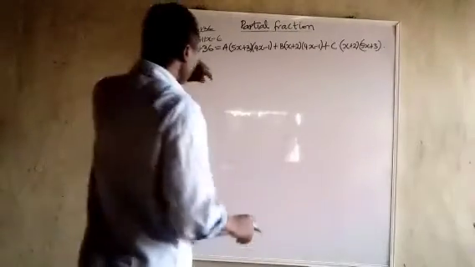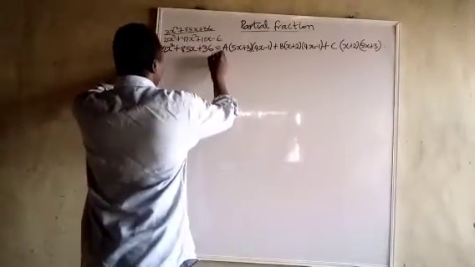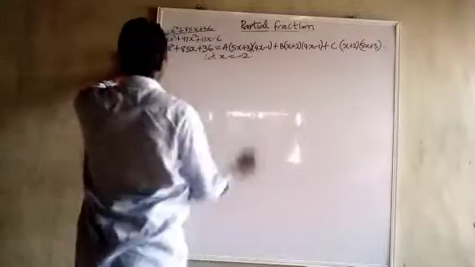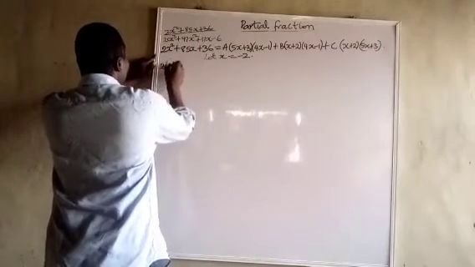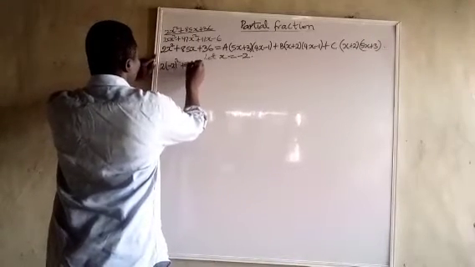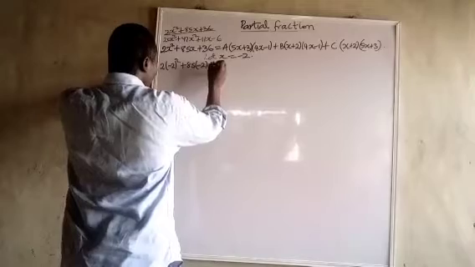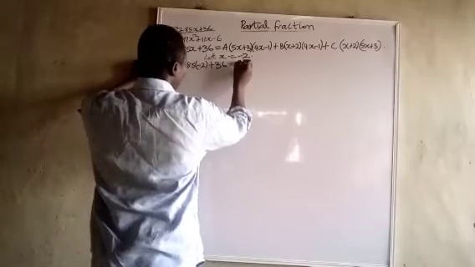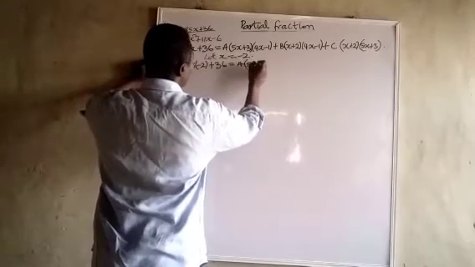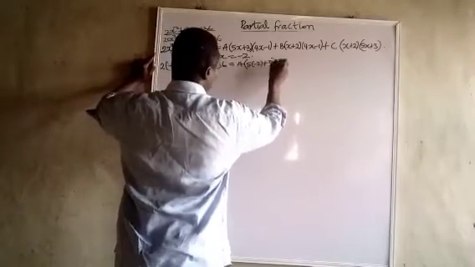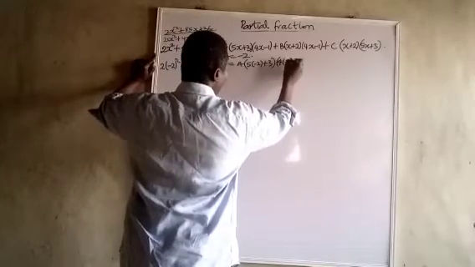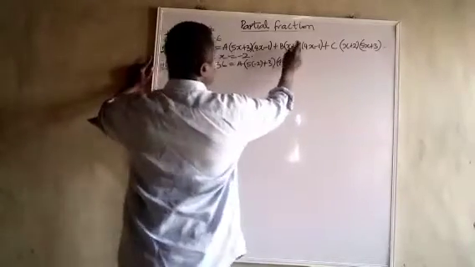now from here, let us make x to be equal to minus 2. So I'm going to have 20 into minus 2 squared plus 85 into minus 2 plus 36 is equal to a into 5 into minus 2 plus 3 into 4 into minus 2 minus 1. The b and c terms will be 0.